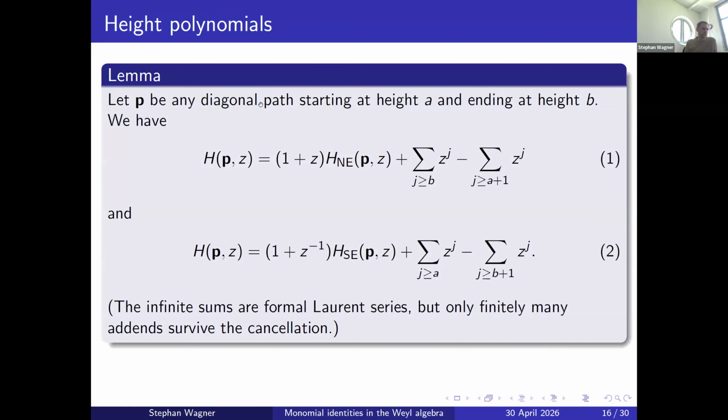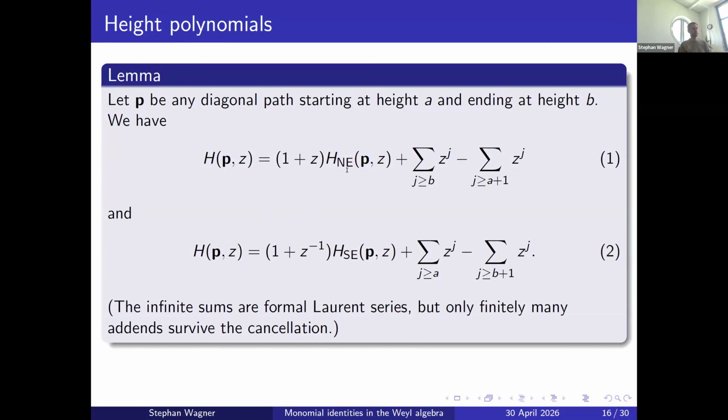If I have two diagonal paths that start and end at the same height, then I can express one of the height polynomials in terms of the others. So the first height polynomial, where I record all the steps, can be expressed in terms of the northeast height polynomial. It can also be expressed in terms of the southeast height polynomial.